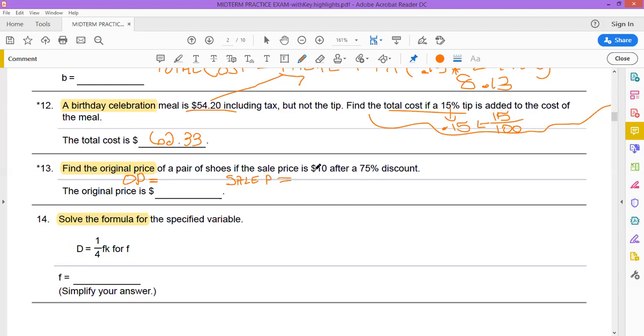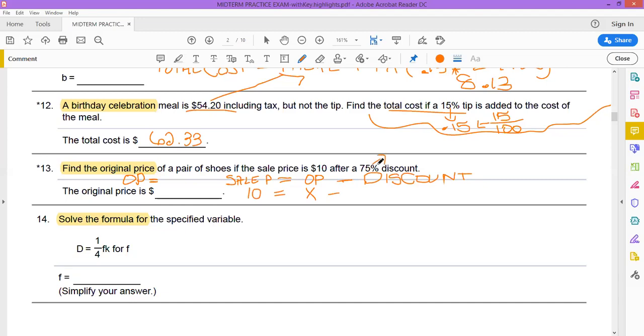But in order to get that sale price of $10, what you had to do was take the original price, we're using OP to represent the original price, and subtract the discount. So our sale price we already know is 10. The original price we do not know. So since we don't know that, I'm just going to call it X minus the discount.